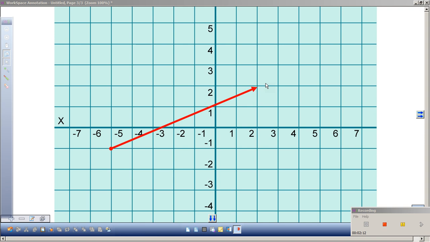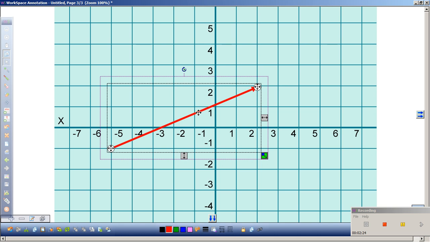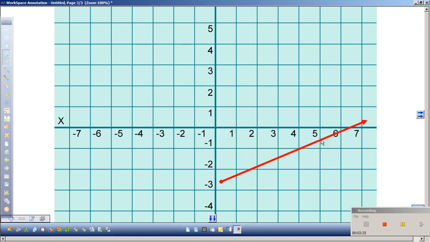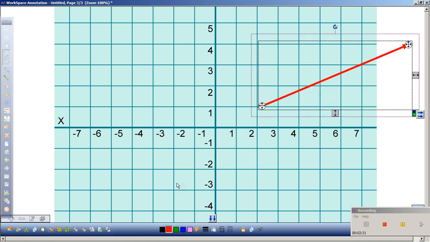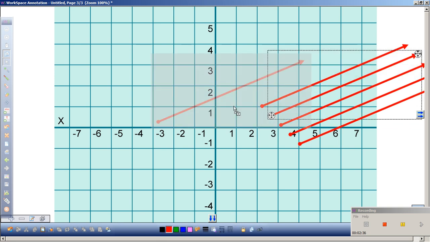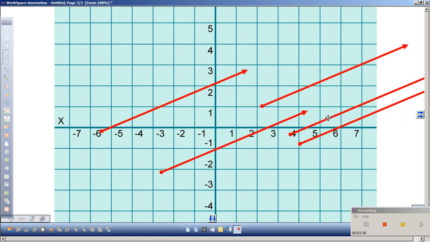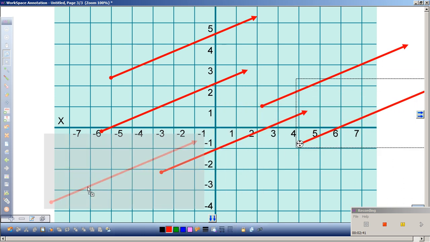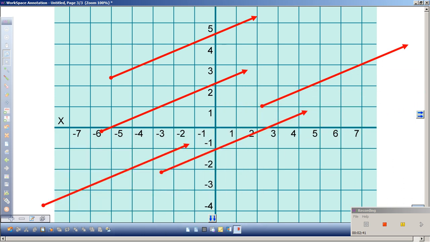They do not continue indefinitely, like rays do. But this vector right here is the exact same as that vector, which is the same as this vector. So if I copy these, all these vectors are the exact same vector, because they all have the same length and the same direction. So remember, the two things that a vector has are length, which is magnitude, and direction.